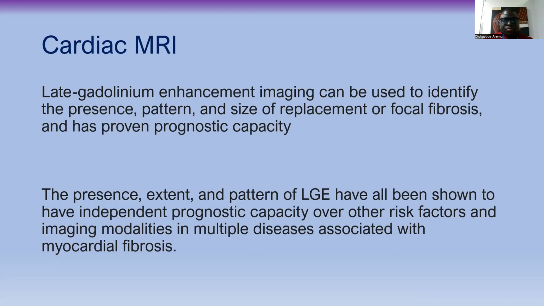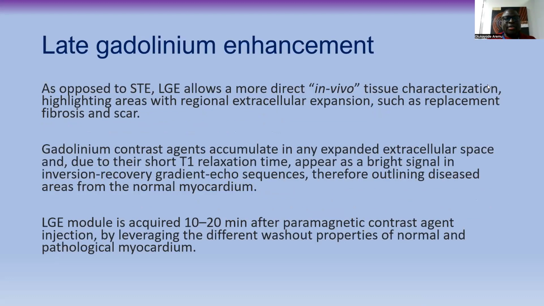The presence, extent, or pattern of fibrosis that we're talking about have been shown to independently have prognostic capacity over the risk factors and other imaging modalities in multiple diseases associated with myocardial disease.